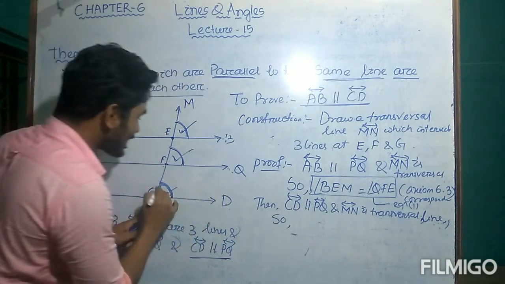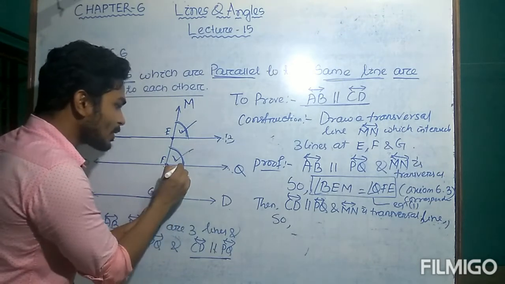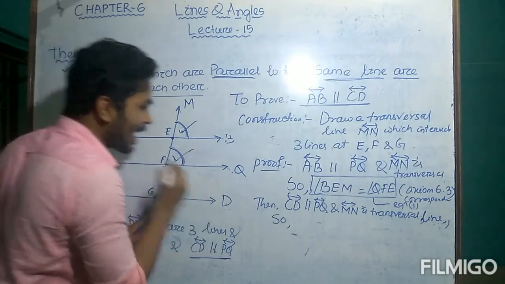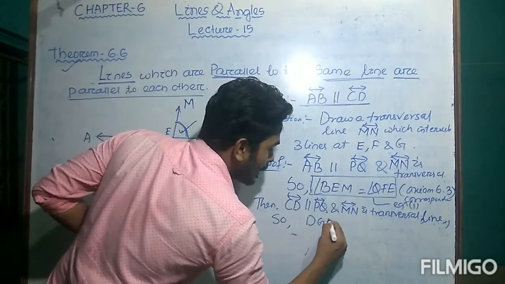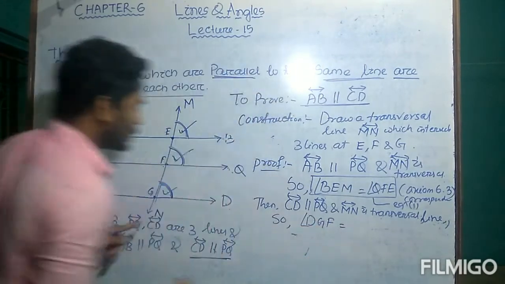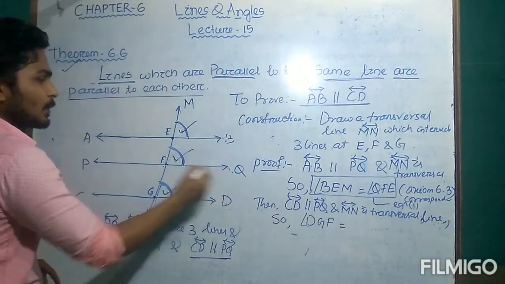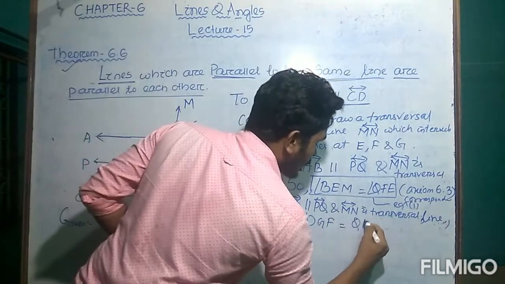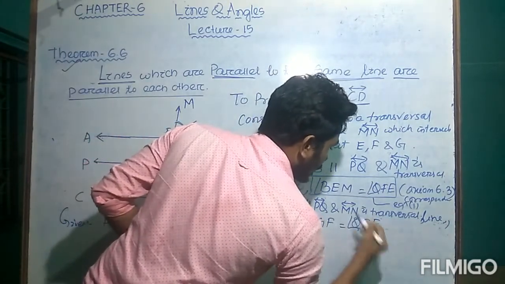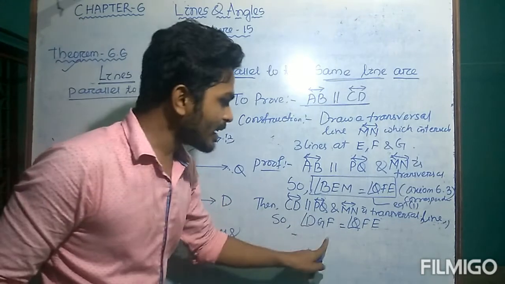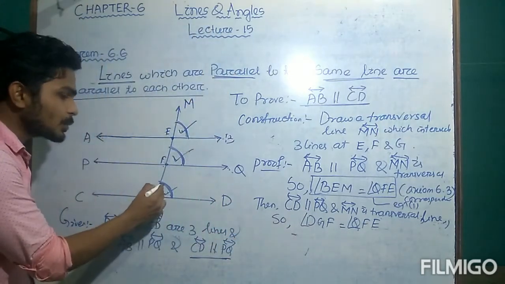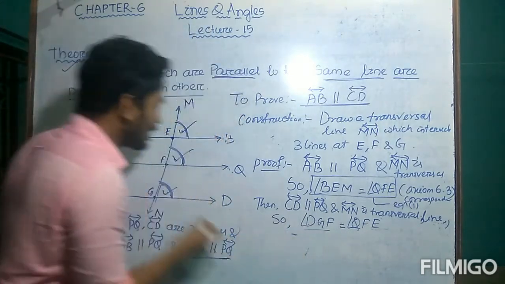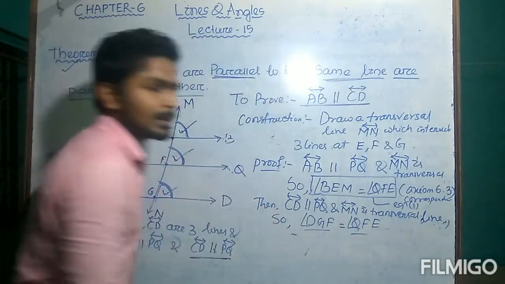So let us write this angle first. This angle, DGF, is equal to this angle, QFE. You can write any angle first, but for my convenience I choose this angle to be written first, then I choose this angle to write.